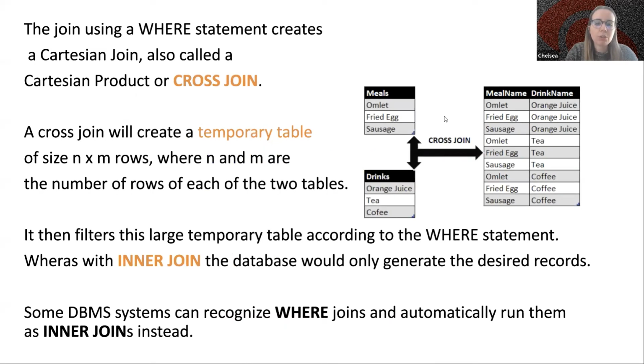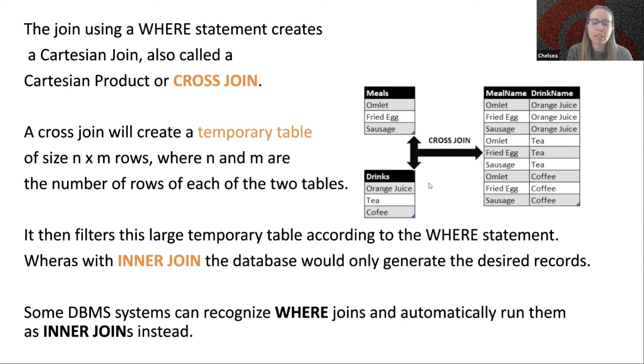So what your where statement will do is it will create something called a cross join, which is also known as a Cartesian product or a Cartesian join. If we look at this picture on the right-hand side, say now you have this table meals and drinks.